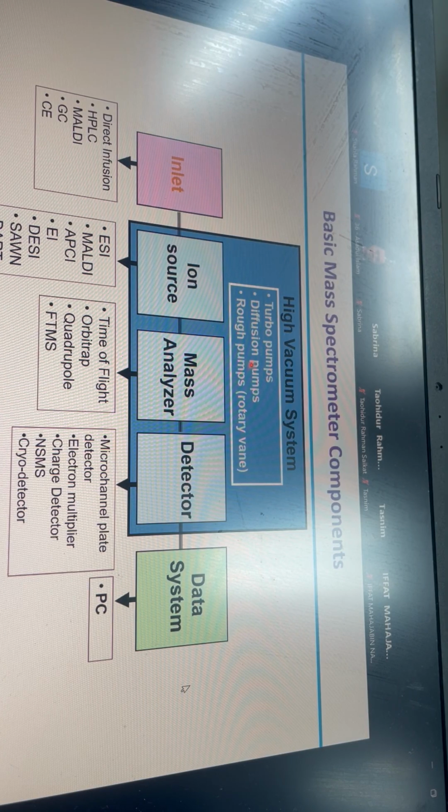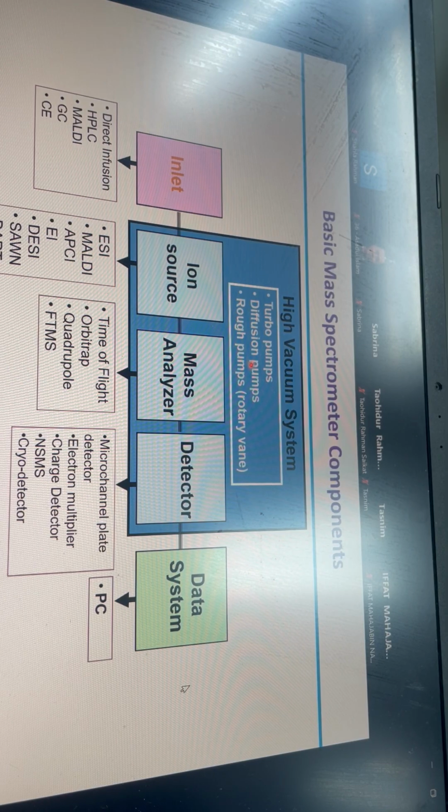We need to take them out. We need to pump them out. Okay. So that's why we need a high vacuum system where you do not have any molecules or anything. Only your sample will be introduced so that we can measure the mass with high accuracy and precision. Because if you have air inside your mass spec, then your mass measurement will not be accurate.